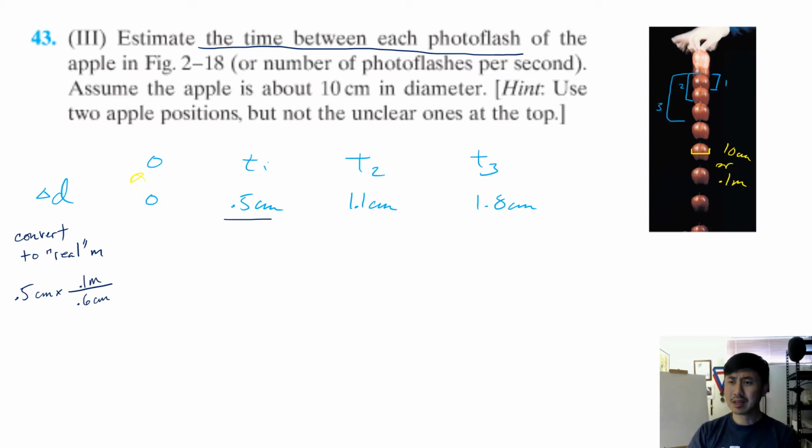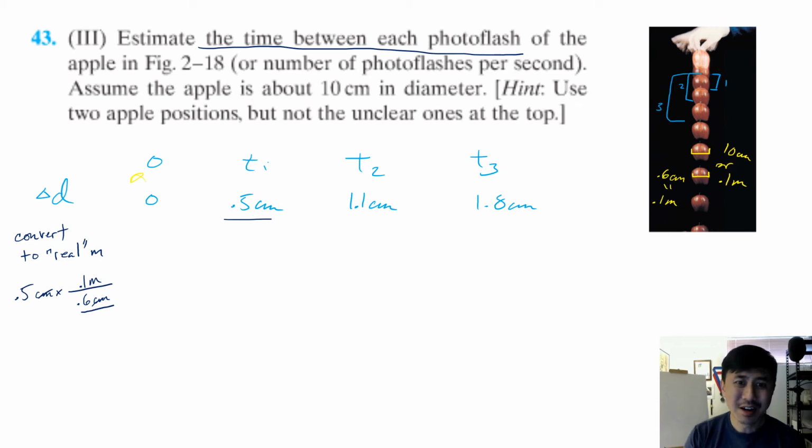Does that make sense? So I just did a little bit of dimensional analysis. The width of this apple, if I measure it, is equal to 0.6 centimeters, but that's supposed to equal 0.1 meters. So I set that up as my conversion factor. That means that 0.6 centimeters is actually 0.1 meters, and I could set it up that way to get out of centimeters and into meters, at least from paper centimeters, the centimeters in the photo, to the real meters in real life.